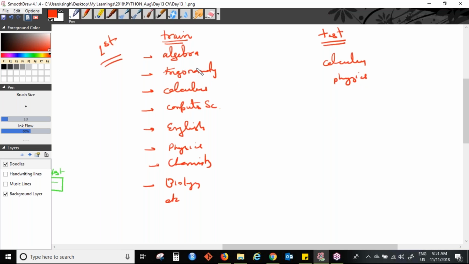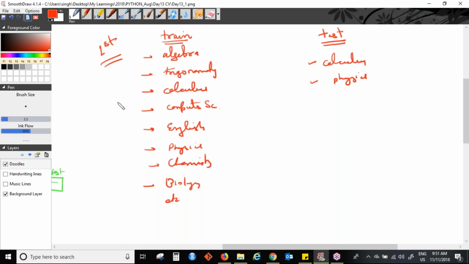So what you will do is prepare on all of these, and then check what accuracy you are getting on calculus and on physics. Now you will change your style.